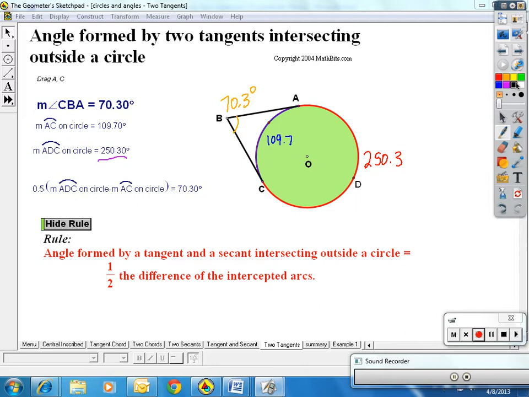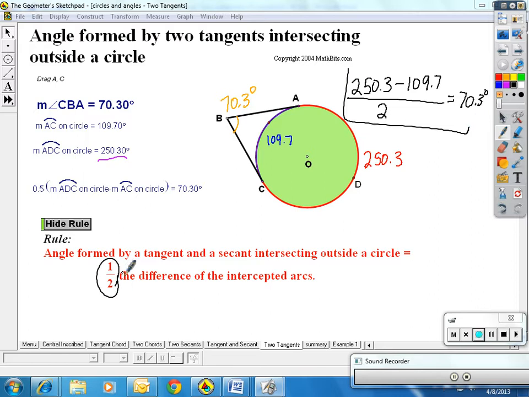How did we arrive at those? We took 250.3, we subtracted 109.7, we divided it all by 2, and we got 70.3 degrees. We took 1/2 the difference.